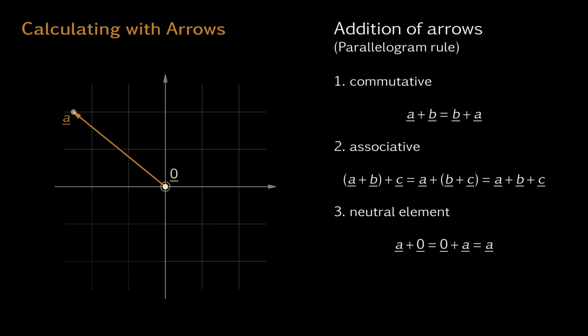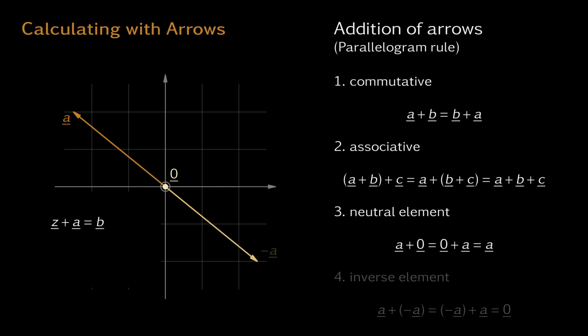Finally, if we want to solve an equation like Z plus A equals B, we have to undo the addition of A to Z. So we have to find an arrow which added to A gives the zero arrow. Obviously, an arrow of the same length but opposite direction does this trick. This arrow is called additive inverse or opposite arrow and is denoted as minus A. Adding minus A on both sides of our equation yields Z plus the zero arrow, which is just Z on the left side, and B plus minus A on the right side.